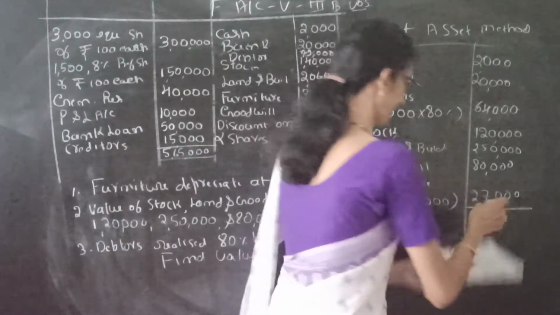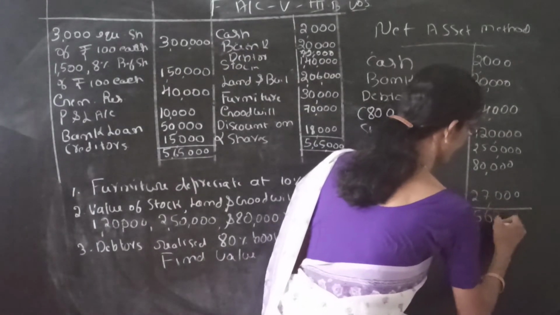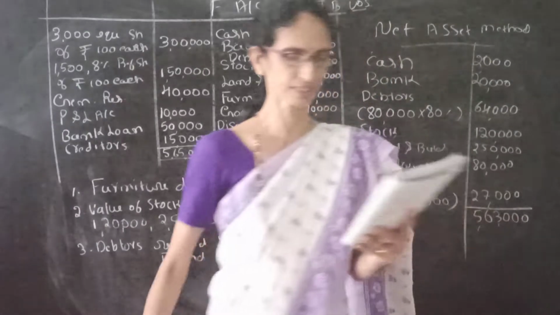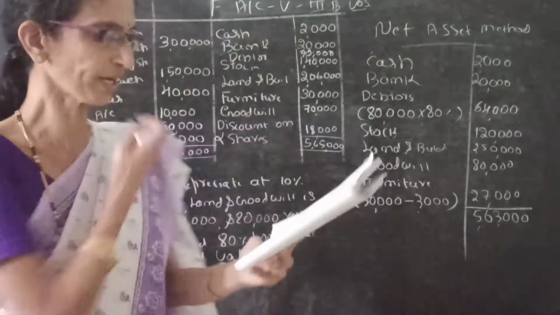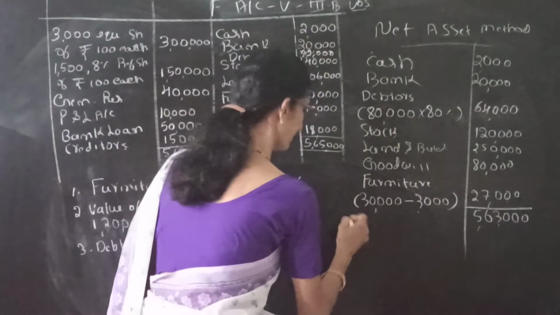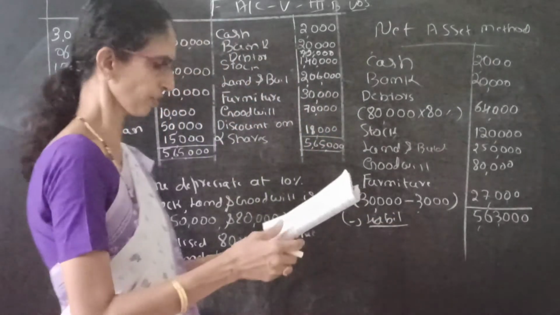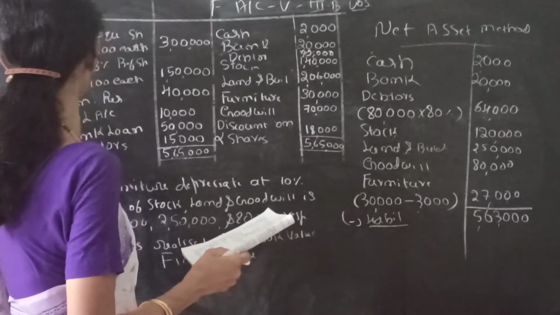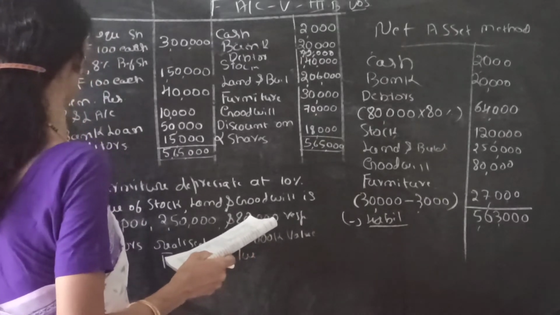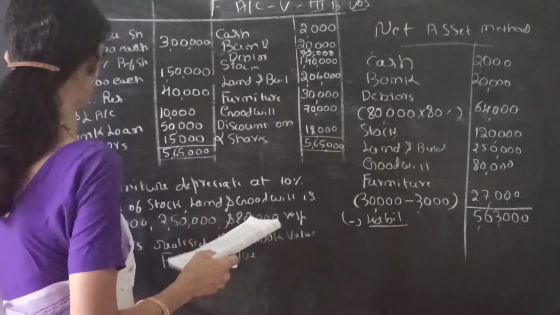So the total we get is 5,63,000. From this we have to deduct the liabilities payable to outsiders. Leave the equity shares, preference shares, general reserve, and profit and loss account. Then it is given bank loan.